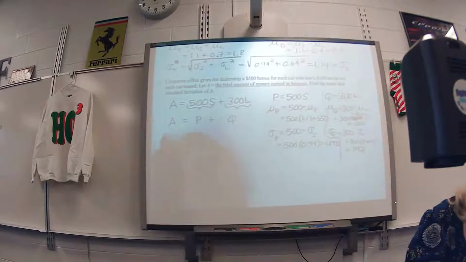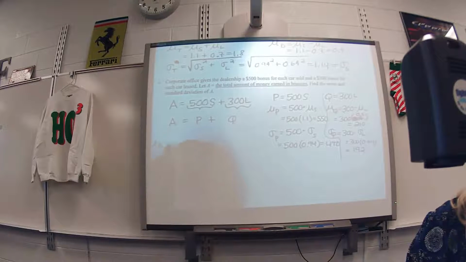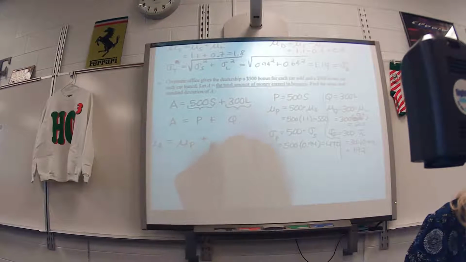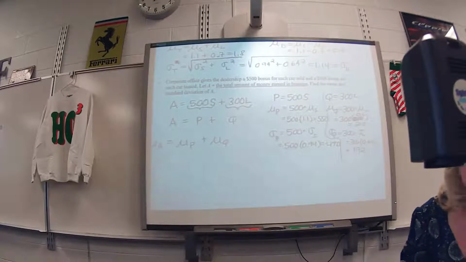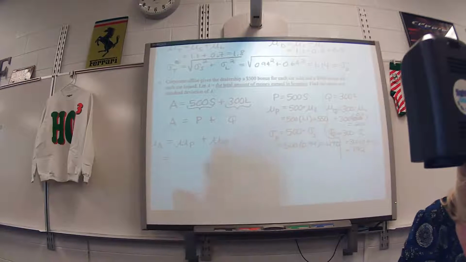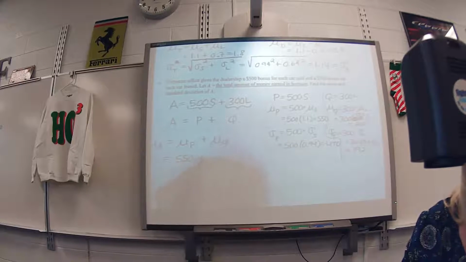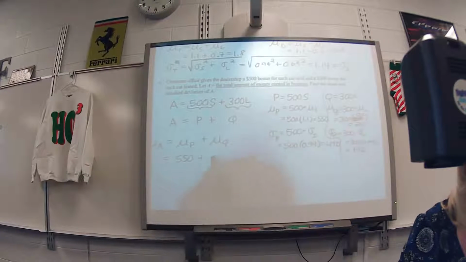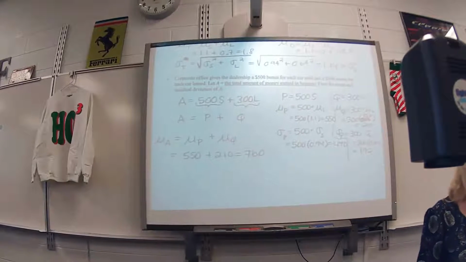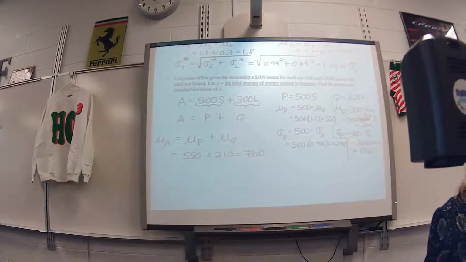Because now if I want to find the mu for A, I know the rule is to take the mu for P and I can add the mu for Q. And I've done my work over here. The mu for P was 550, plus the mu for Q is 210. So 760. And I will say, the means I'm usually okay on.